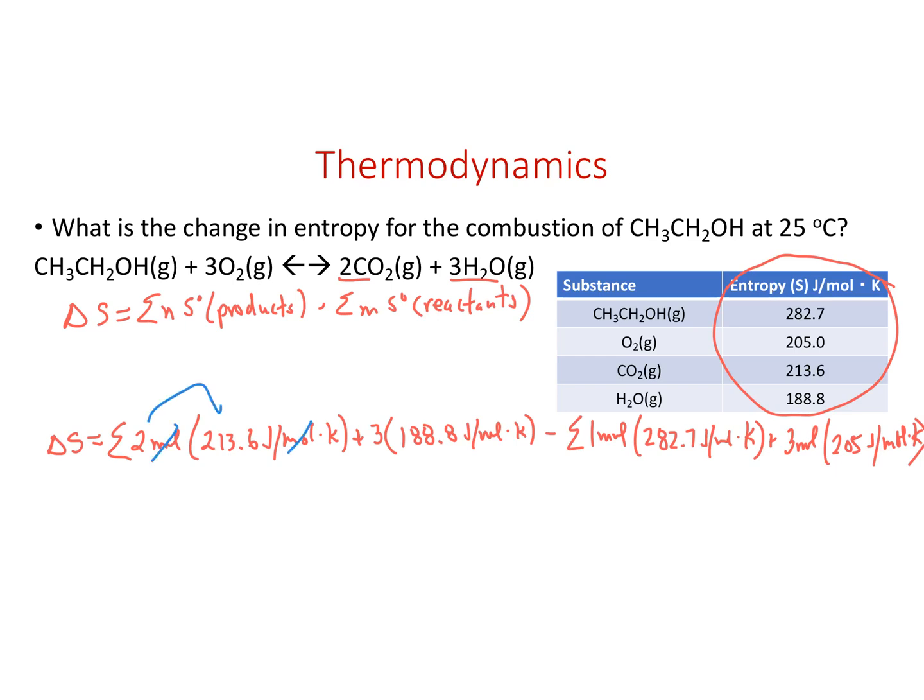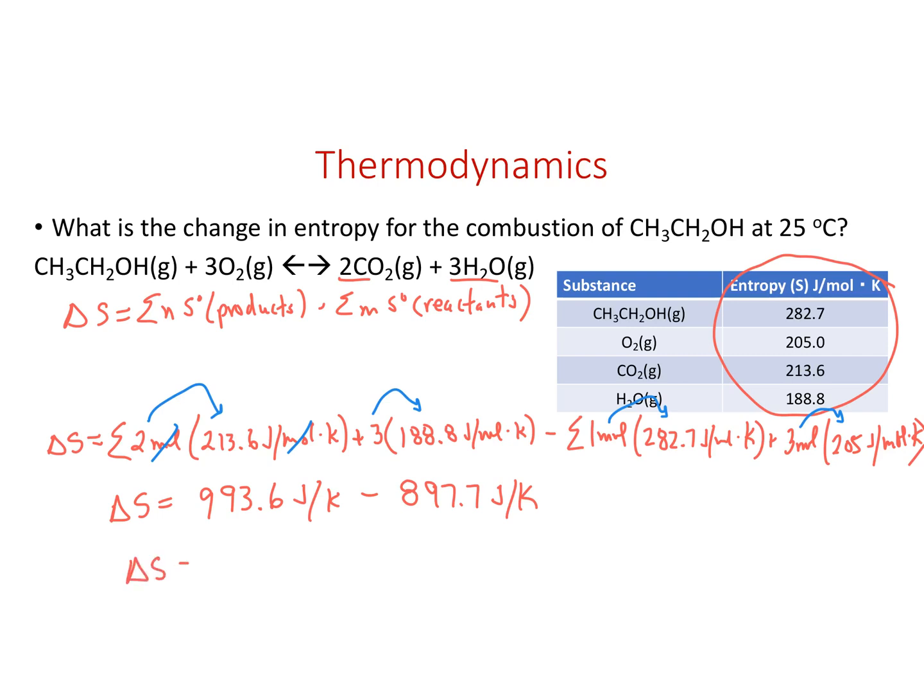Multiply everything through by moles, and moles will cancel out, right? I'm going to multiply this by 2, this by 3, this by 1, and this by 3, and then add and then subtract. So when I do that, I get an entropy that equals approximately 993.6 joules per Kelvin minus, from the other side, an entropy of 897.7 joules per Kelvin.